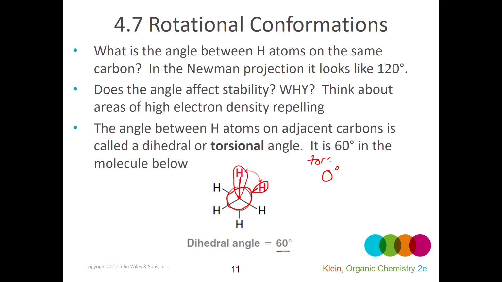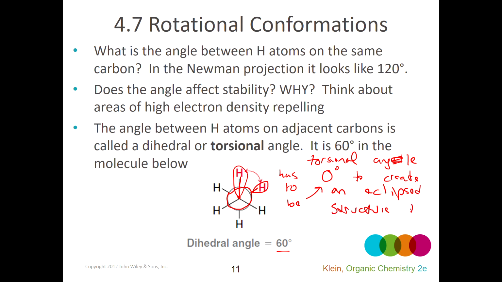So the torsional angle has to be 0 degrees to create an eclipsed structure, to create torsional strain, which is the repulsion created by those groups if they eclipse one another. So we can always talk about the dihedral angle.